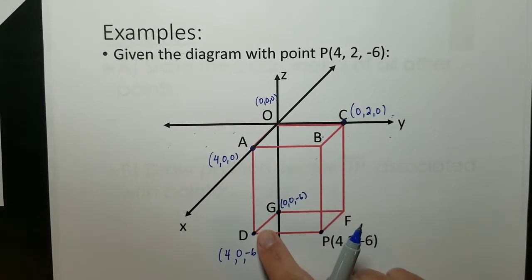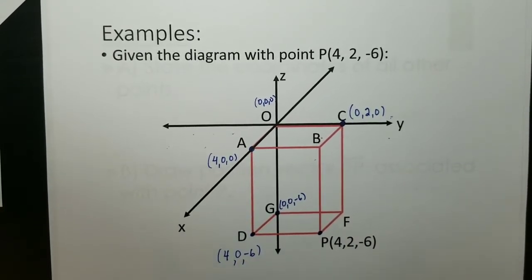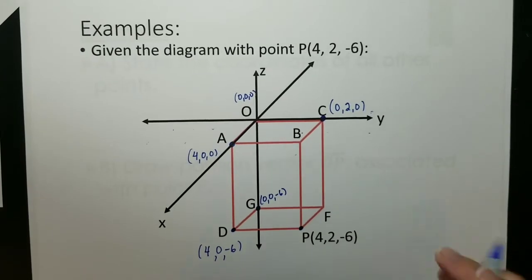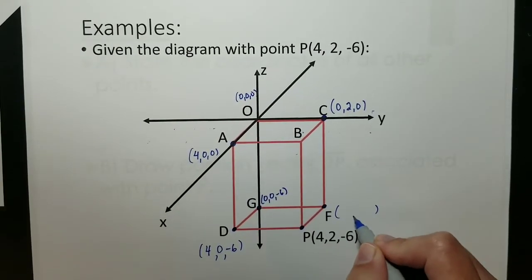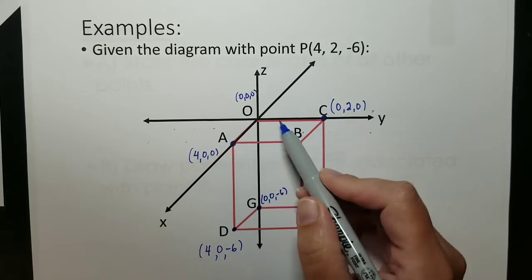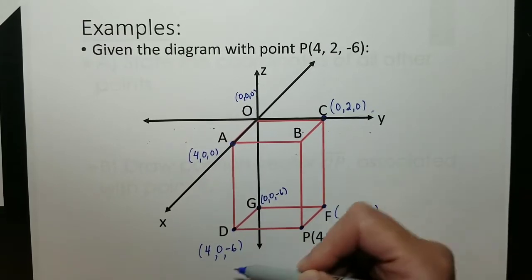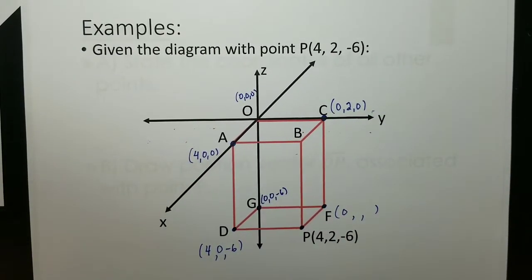So if something lies on the XZ plane, it has an X and Z coordinate, but the Y coordinate is 0. Similarly for F here, it has gone in the Y direction, it's gone in the Z direction, but it hasn't come along the X axis. So its X value will be 0.